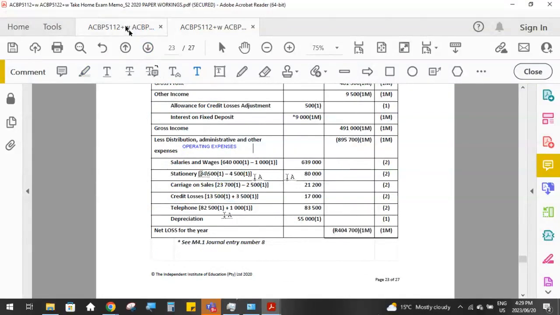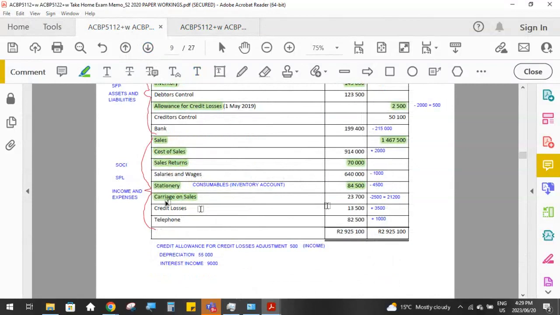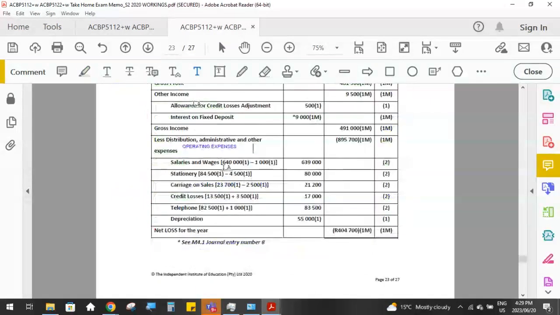So that makes that 80. The next one is carriage on sales. And again, we made an adjustment. We reduced carriage on sales by 2.5 for that prepayment. So there's our 21.2.